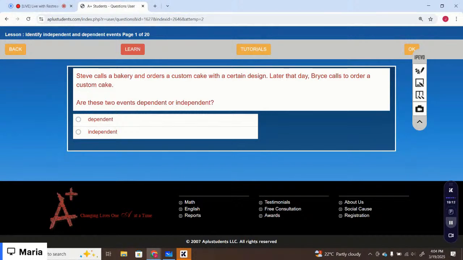Are these two events dependent or independent? They are independent events, right? Because the outcome of the first event did not affect the outcome of the second event, so they are independent events.